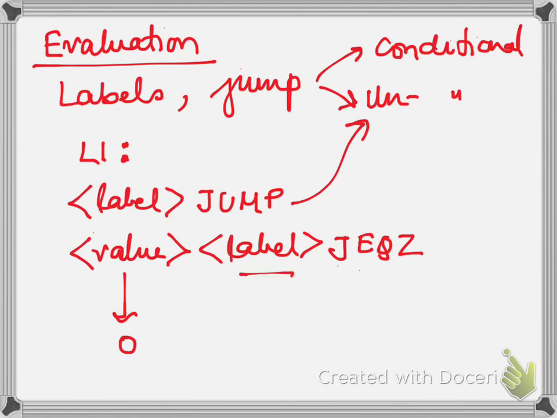A value of 0 indicates the condition is false. Any other value will indicate that it is true. With this, let us see an example again of an if.